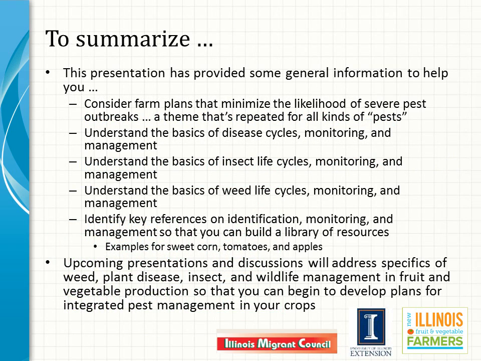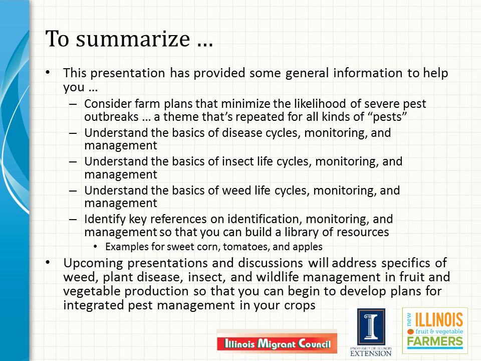To summarize, my intent in this presentation was to provide some general information to help you, one, consider farm plans that minimize the likelihood of severe pest outbreak. And I repeated that theme a bit for different kinds of pests. Two, understand the basics of life cycles, monitoring, and management for diseases, insects, weeds, and in fact wildlife as well.